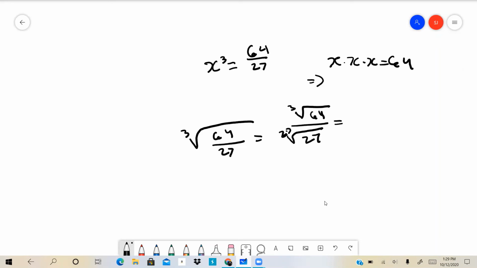That means that x has to be 4, because 4 times 4 equals 16, and 16 times 4 is 64.